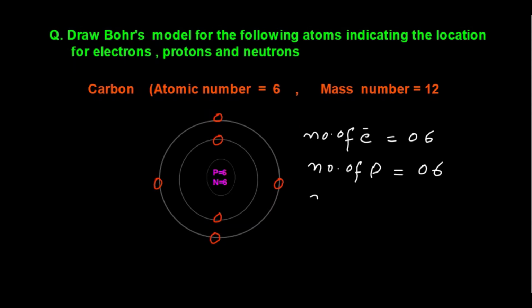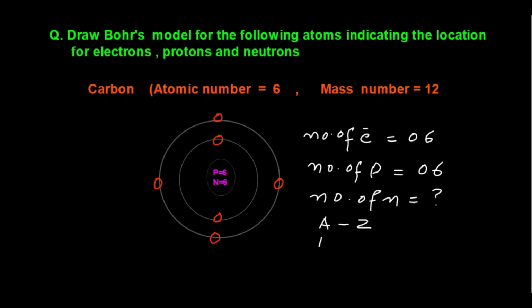To calculate the number of neutrons, we use the formula A minus Z. We know what is A. A is the mass number, while Z is the atomic number. So to calculate the number of neutrons, we use the formula A minus Z, that is mass number minus atomic number.